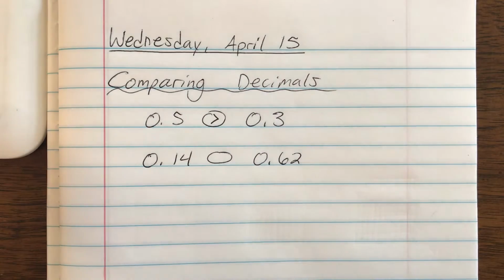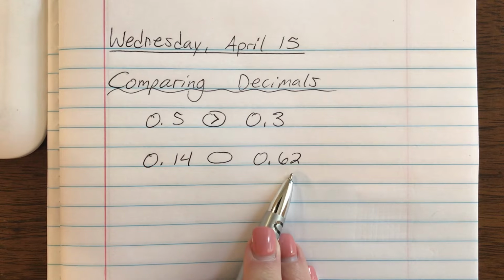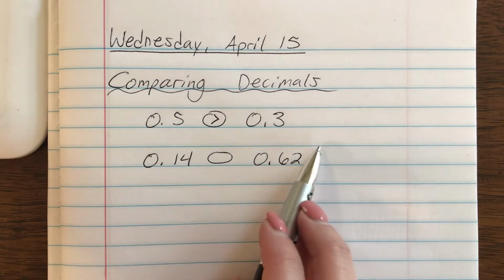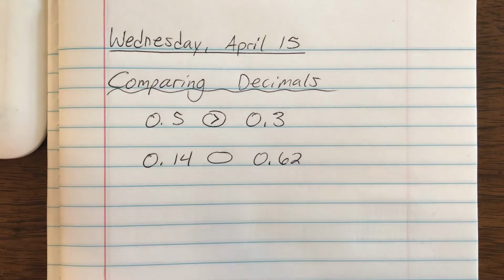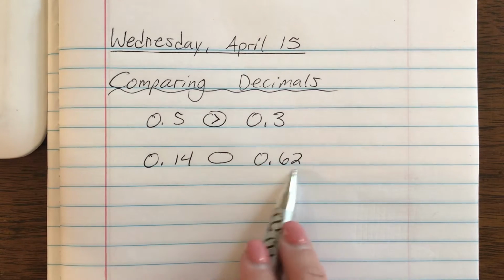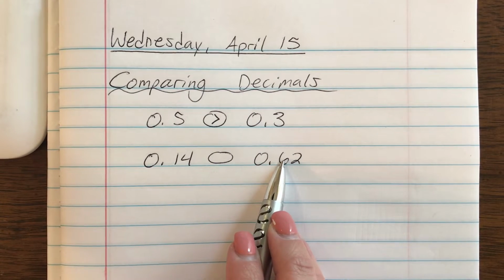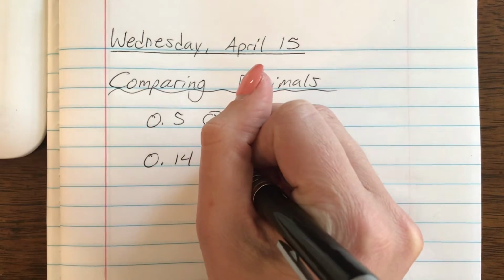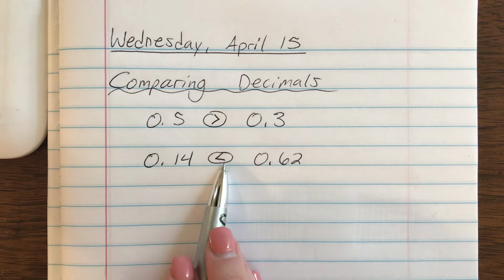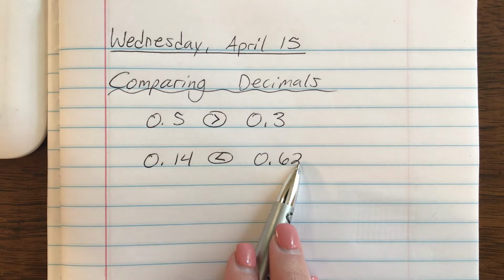Again, just like the other one, they do both go to the hundredths place, so we don't have to change the values, we don't have to add or take away anything, and we can just simply look at the values that are given and compare those two. So we can look at 14 hundredths and 62 hundredths. We can see that 62 is going to be greater than 14, so the way that it's written, it would end up being 14 hundredths is less than 62 hundredths.